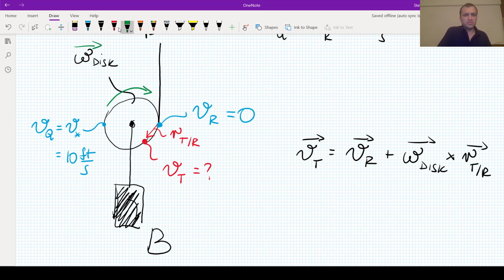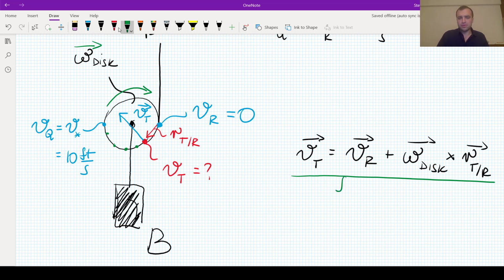Okay, so you can clearly see that the velocity of this point, of point T, will be perpendicular to this vector. So this is our velocity T. And we can obtain each and every velocity of this chunk of the rope if we follow this expression.